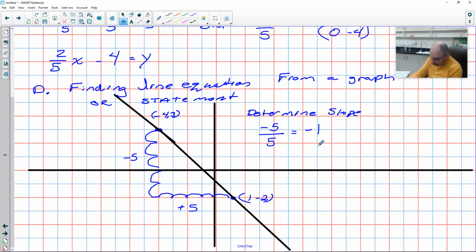You can use this point here, or you can use one of these 2 points to write it in slope in point form. It's up to you. I'm going to use one of the given points because I know that it's not a mistake. And who knows, is that the y-intercept perfectly, or is it kind of not right on it? I don't know exactly. Actually, I do because of the slope, but if I wasn't sure, I could just use one of these 2 points.